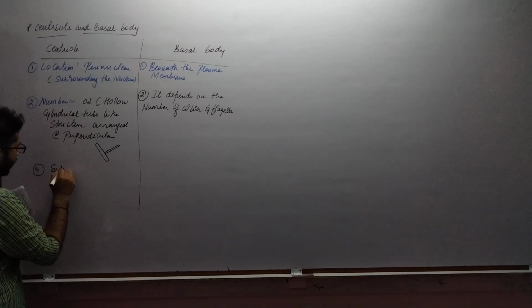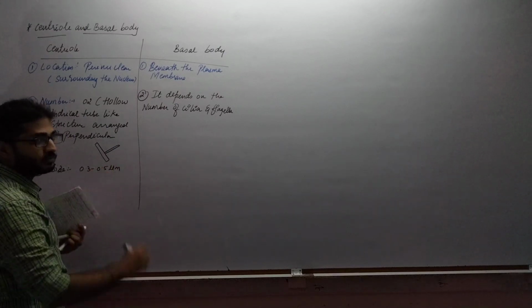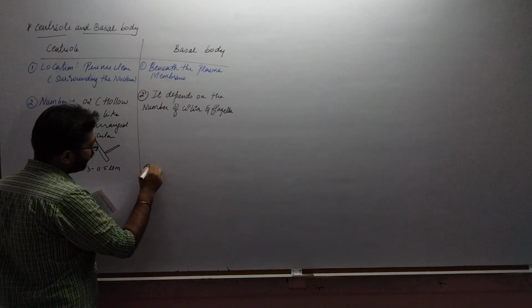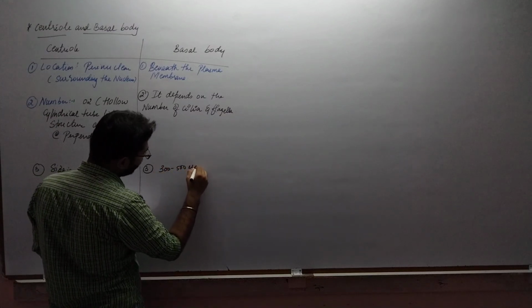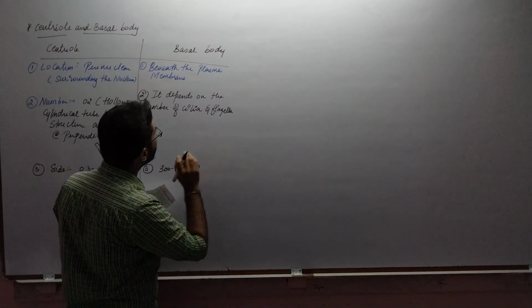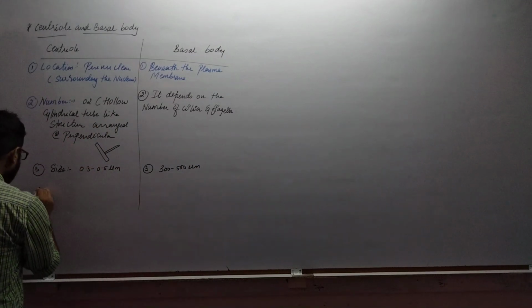Size of centriole is around 0.3 to 0.5 micrometers, and the size of basal body is 300 to 500 micrometers. That means basal body is larger as compared to the centriole.